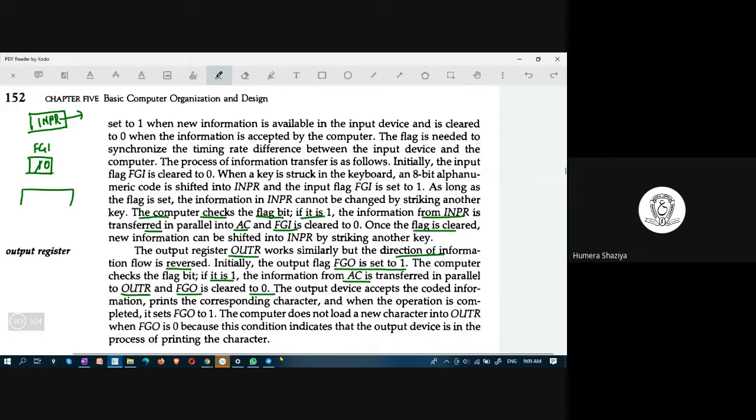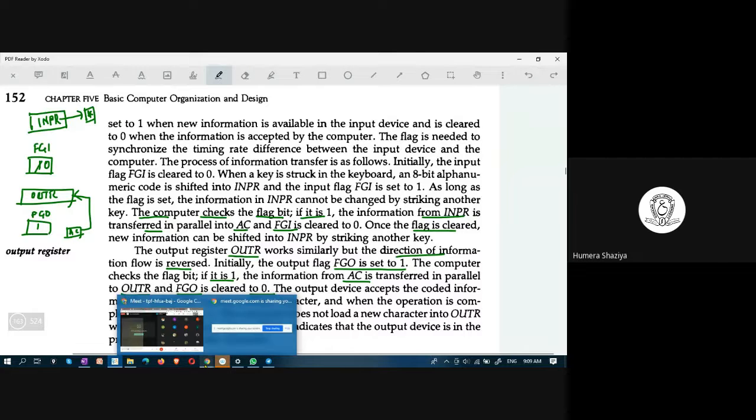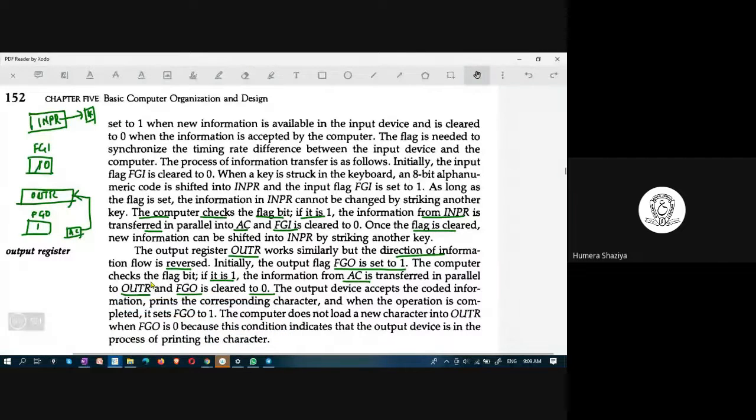This is the output register and there is this flag FGO. When FGO is 1, the accumulator transfers the information. This is the accumulator. So the input register provides the information to the accumulator, and here the accumulator transfers the information to the output register.